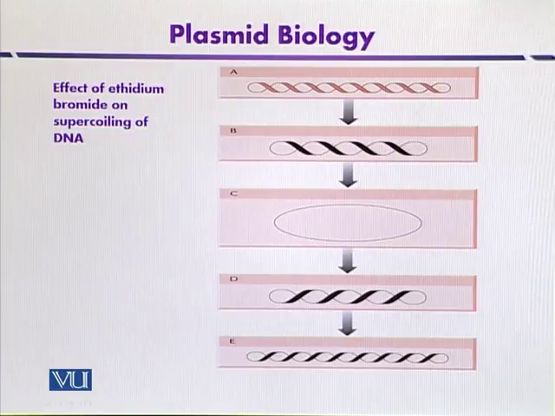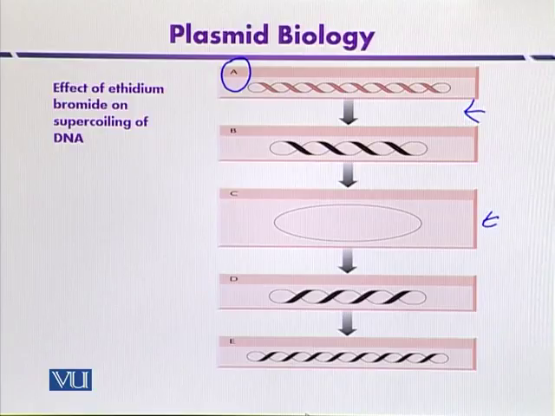This is another diagram that shows the effect of ethidium bromide on supercoiling of DNA. Here in figure A, the DNA is present in highly supercoiled form, and if it is treated with ethidium bromide here at this step, then it starts its unwinding, so that the supercoiled form is finally converted into open circle here, which we can call the OC DNA.